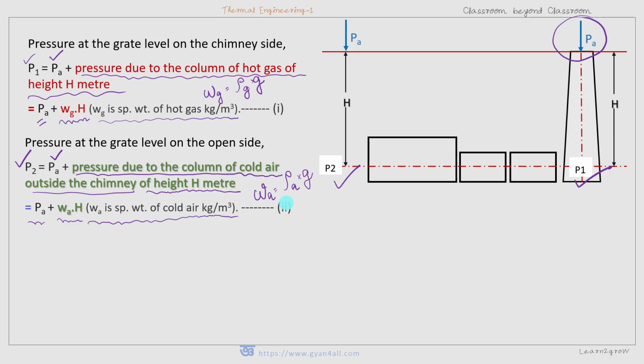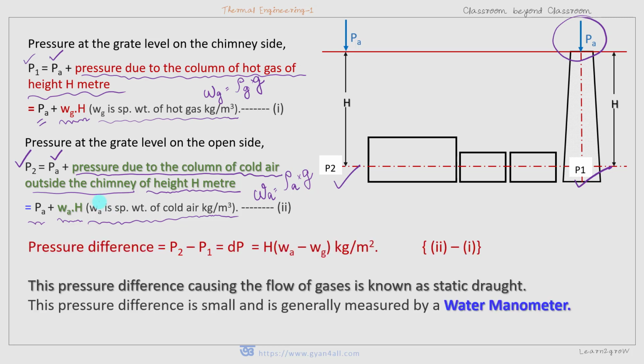So now we can find the difference in pressure. The differential pressure dP is equal to pressure P2 minus P1, which is equal to h multiplied by the difference in specific weights, that is, specific weight of air minus specific weight of gas. We get this from equations 1 and 2.